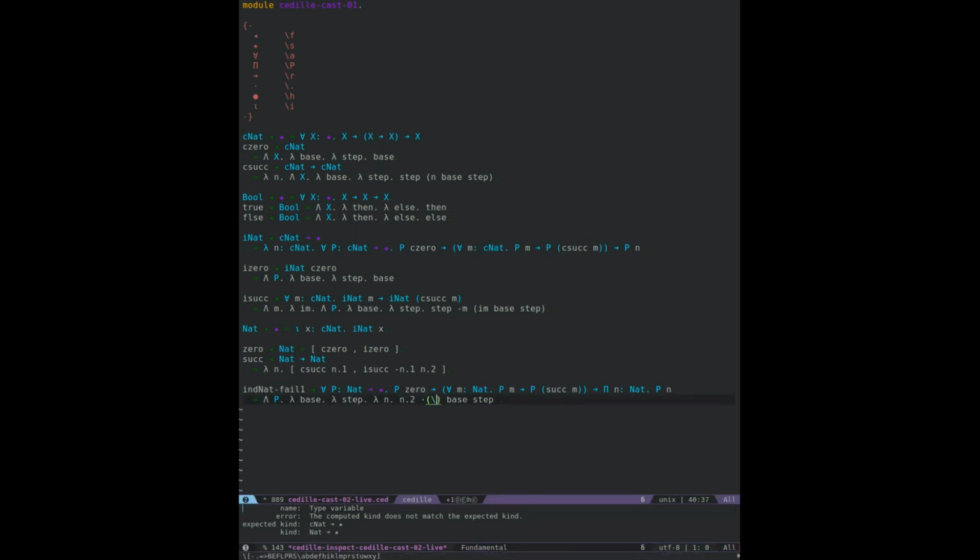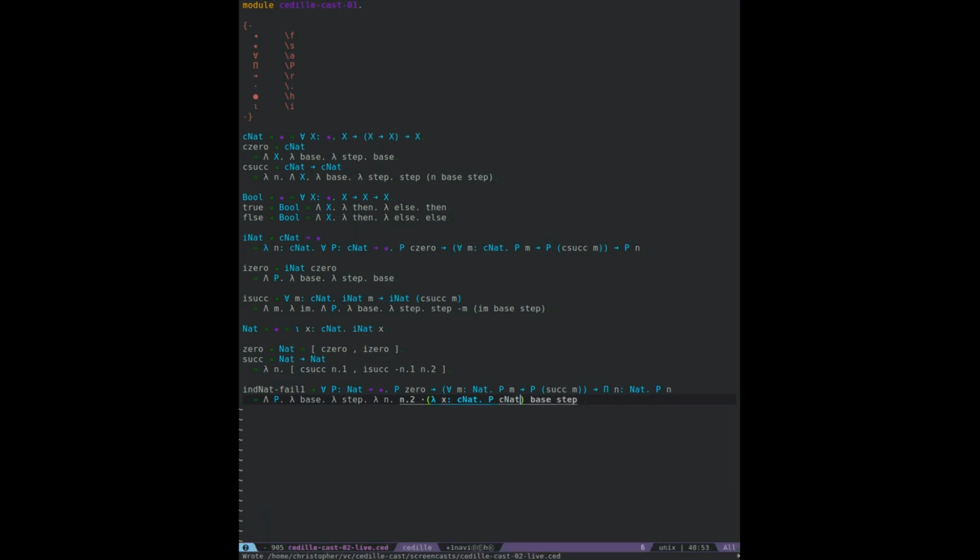And what we in effect need is a way to convert this cnat to a nat in order that p can properly apply to it.